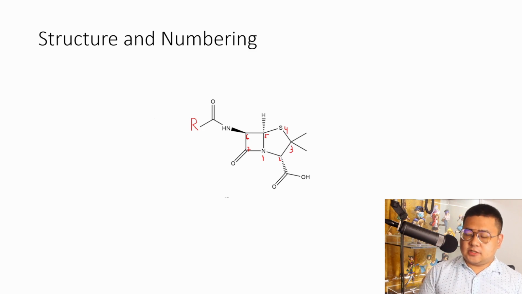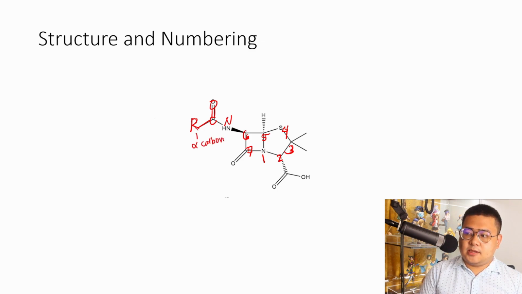For structure name and numbering, again, we start at nitrogen 1, 2, 3, 4 sulfur, 5, 6, and 7. Take note that there is a nitrogen here, then a carbonyl here, and this is your R. R could be anything, and most of the time, it's just a carbon atom. We call that carbon atom the alpha carbon atom.